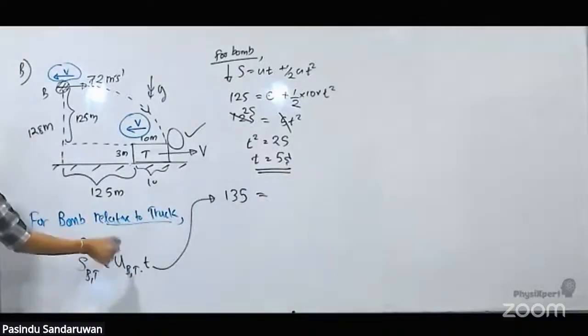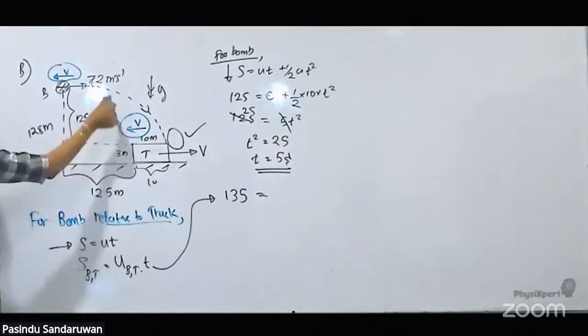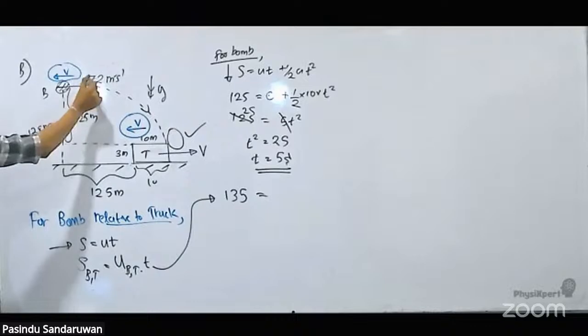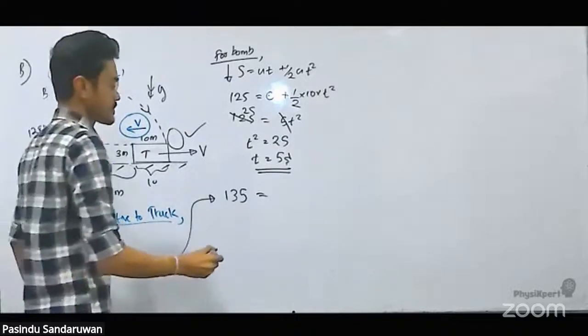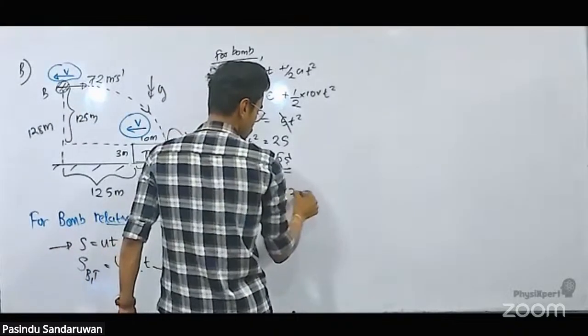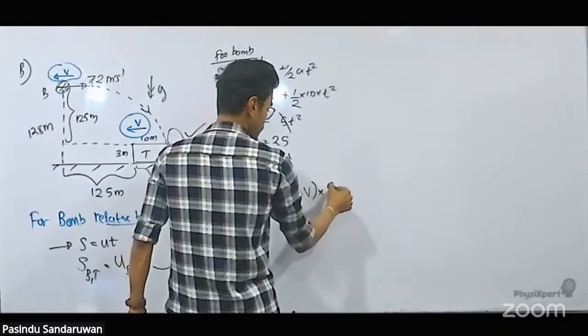Velocity of bomb with respect to truck, that is, take the resultant, 72 minus V. 72 minus V into time 5 seconds.